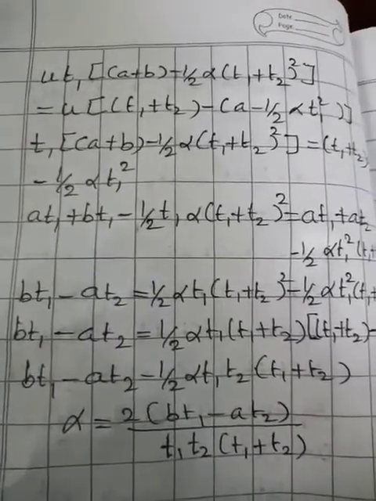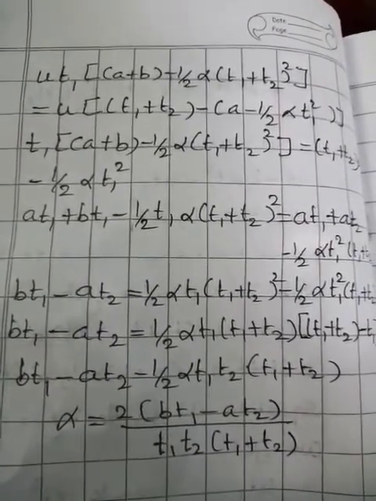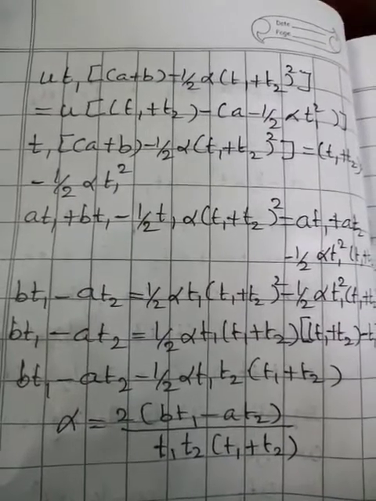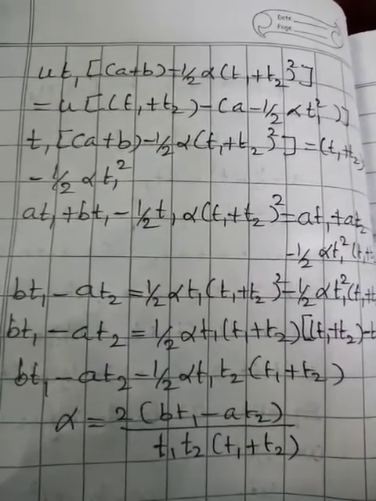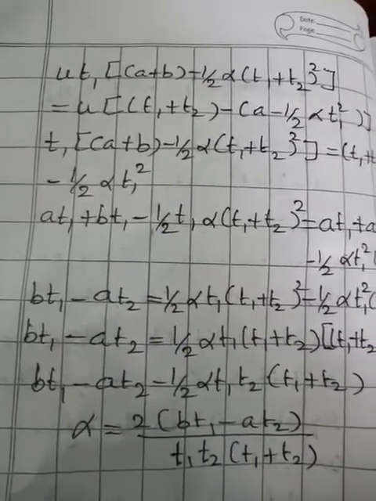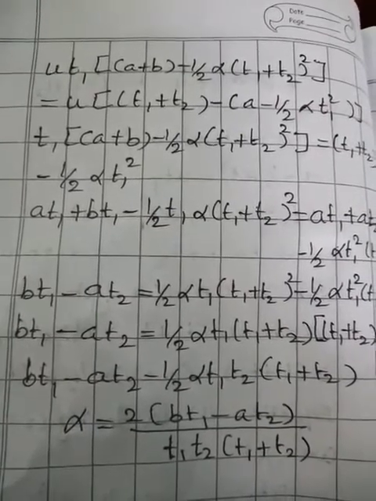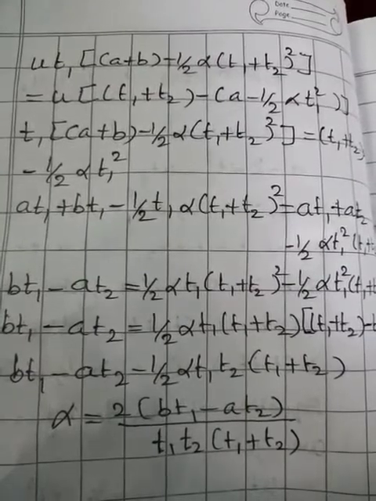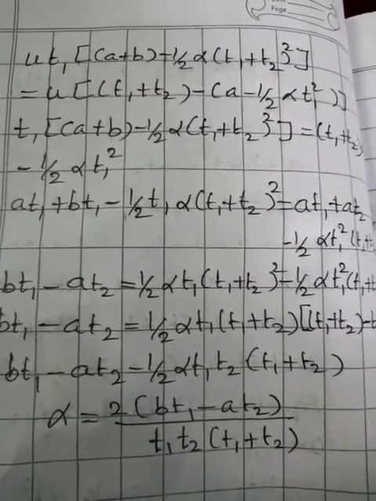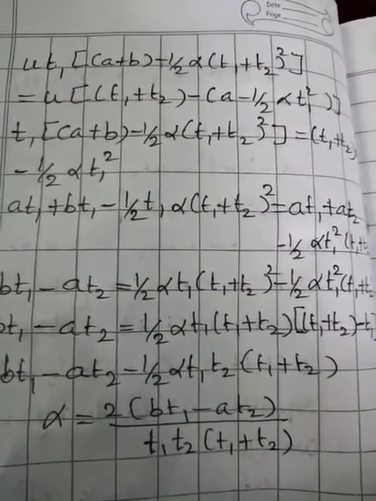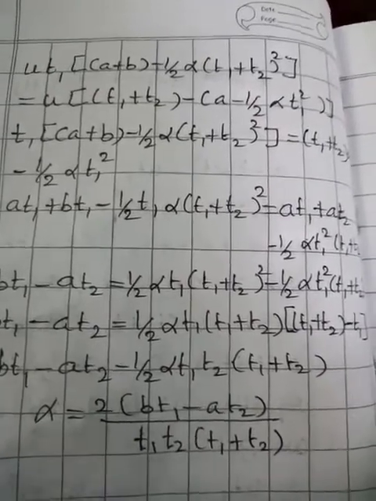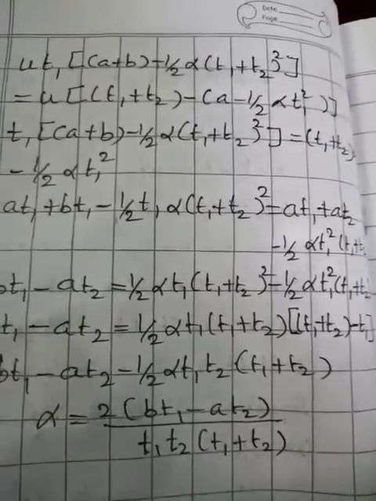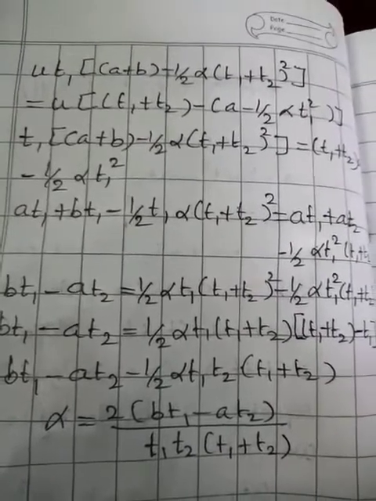So b into t1 minus a into t2 equals 1 by 2 into alpha into t1 into t2 bracket t1 plus t2 bracket close.